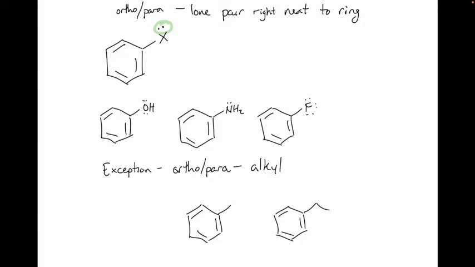Those don't have lone pairs, but they're still ortho-para directors. So those are the easier ones to spot. Again, we have this cheat sheet, but in terms of being able to just look at it and tell without memorizing all these different functional groups, we're going to look for that lone pair or see if it's just a plain old alkyl group. If it's not, then we can throw it in that metadirecting category.